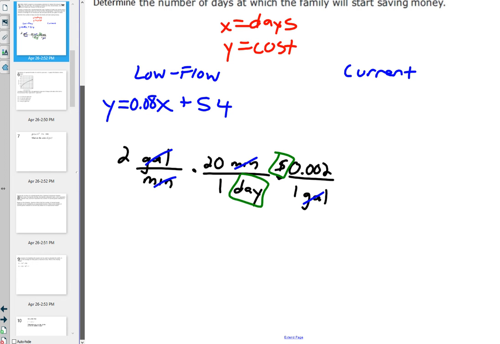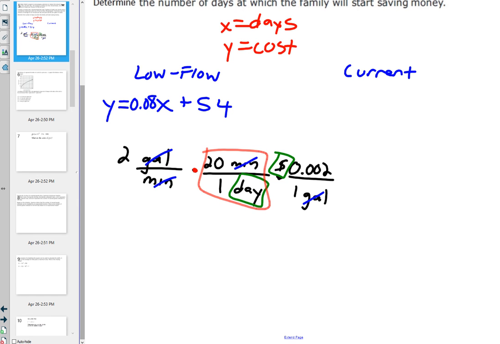The way you get a unit to cancel out is by changing its location. Gallons is on the top, so I need to put gallons on the bottom. The reason dimensional analysis works is that every fraction's numerator and denominator are equivalent, and anything divided by itself is 1. So each time you're just multiplying by 1.